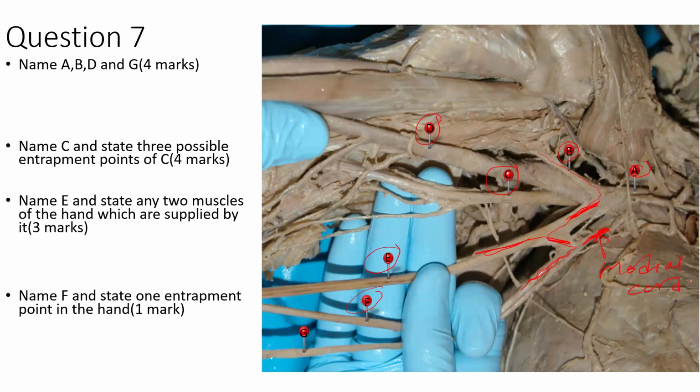So what is C? We named it as the radial nerve. Can you tell me some possible entrapment points of the radial nerve? One, arcade of Frost. Spiral groove of humerus. Axilla.